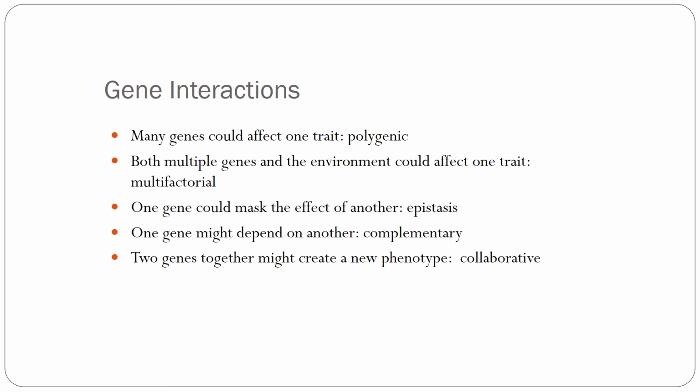Let's talk about gene interactions, and this is a list of terms, and I would like to go over them and give you these definitions. If a person exhibits a trait and the trait is secondary to many genes, we will call it polygenic. If a trait is expressed secondary to genes and the environment can also affect it, then we have multifactorial expression.